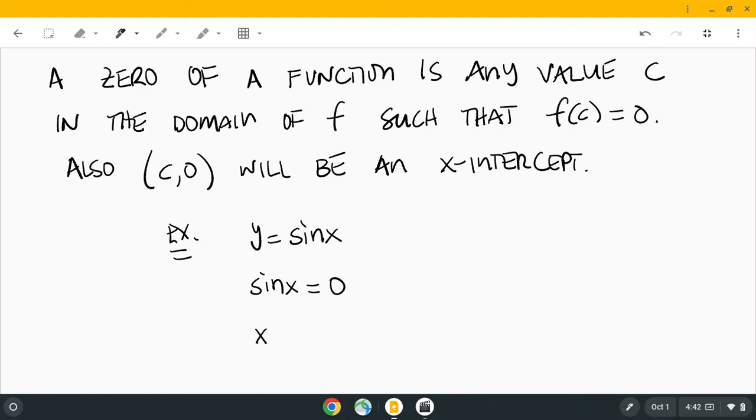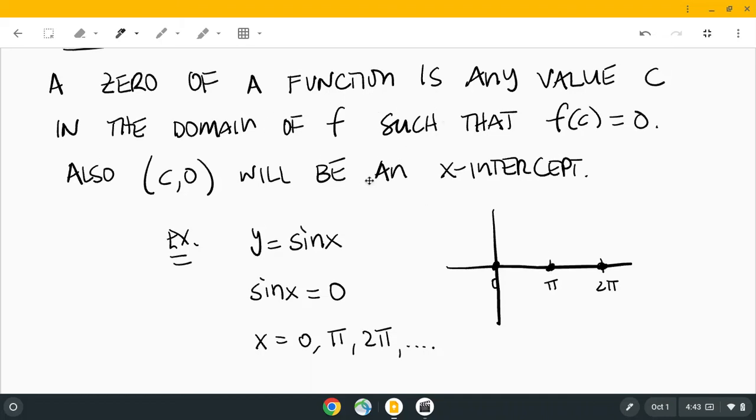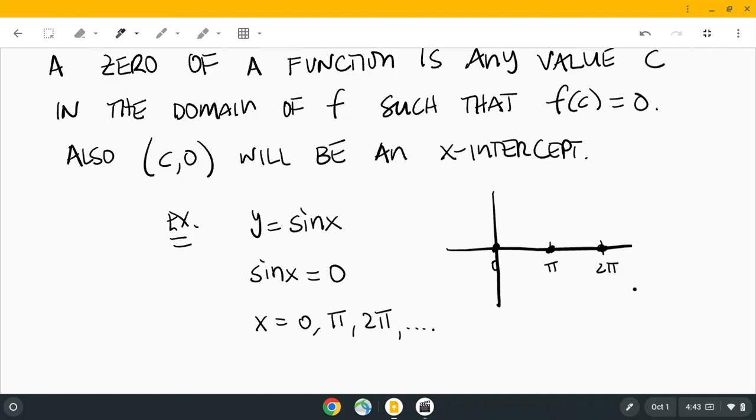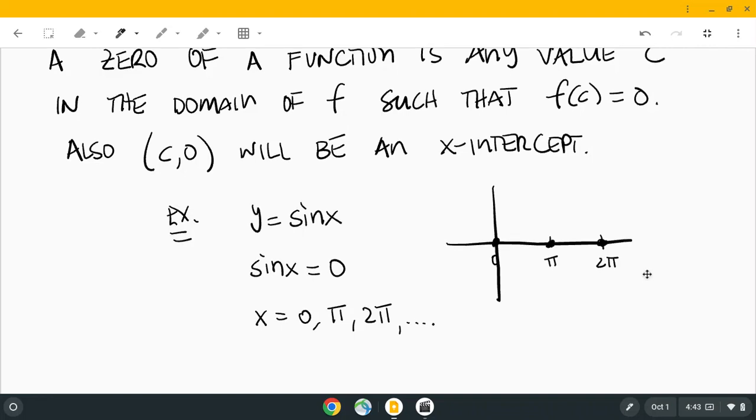That would be whenever x is 0, pi, 2 pi, and we can keep going, because 2 pi is coterminal with 0. When we graph, we see that at 0, pi, and 2 pi, that's also where we have x-intercepts. So zeros of a function are also the x-intercepts.